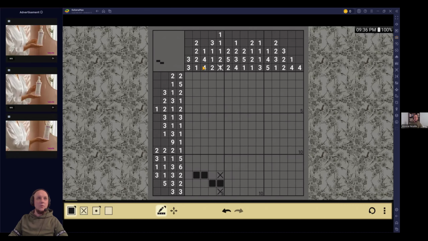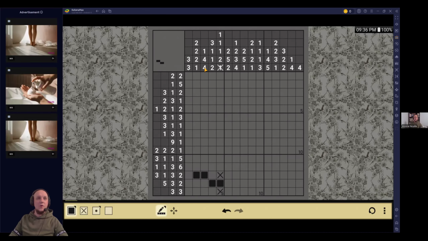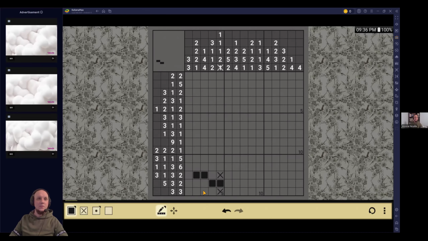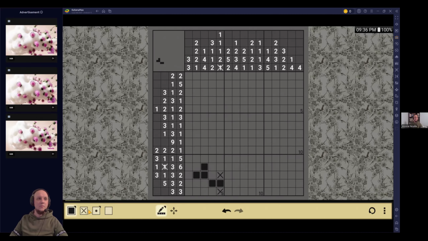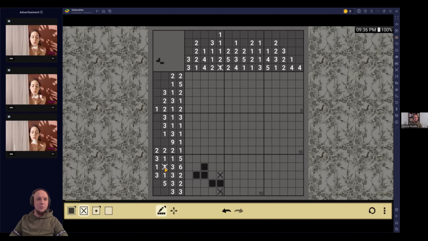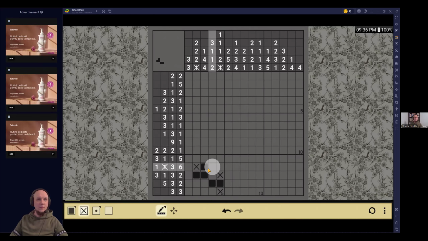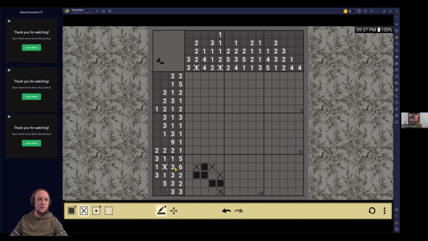Now again, we look on the columns and we can see 4 here means 1, 2, 3. It will bleed over to that part. We know that the 1 is here, so we'll mark it like that. Why do we know the 1 is here? Because once again, 6 plus 3, that's 9, 10, 11, 12, 13, 14. There's no way of fitting these in here if this is the first one.